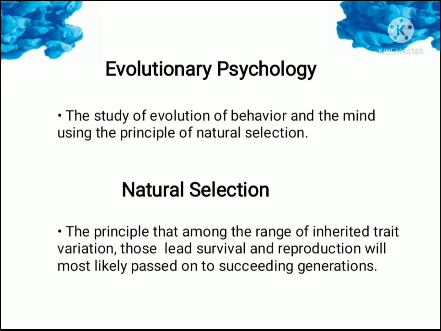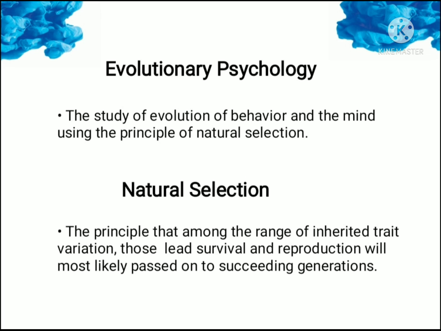Evolutionary psychology is the study of the evolution of behavior and the mind using the principle of natural selection. The principle is that among the range of inherited trait variation, those that lead to survival and reproduction are most likely to be passed on to succeeding generations. Evolutionary psychology helps us understand that psychological mechanisms such as the Big Five evolved because they solve specific adaptive problems in human ancestral environments.